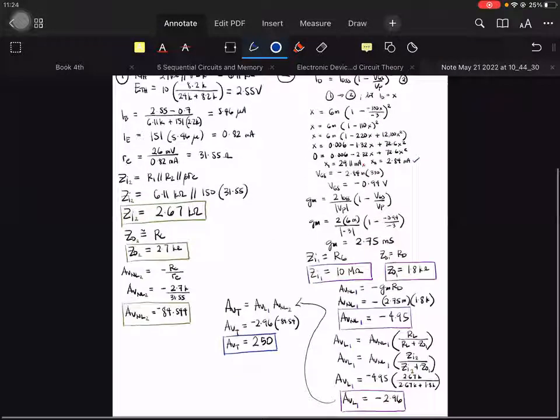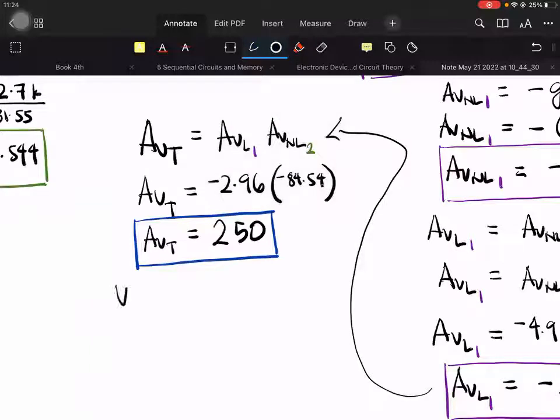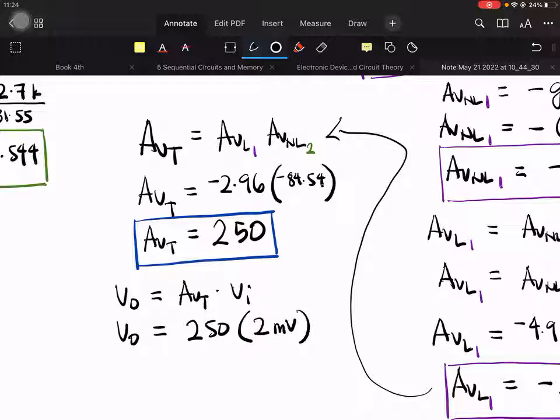Last but not least, VO is equal to AVT times VI. VO is 250 times 2 millivolts. Therefore, VO is 500 millivolts. That's the final answer.